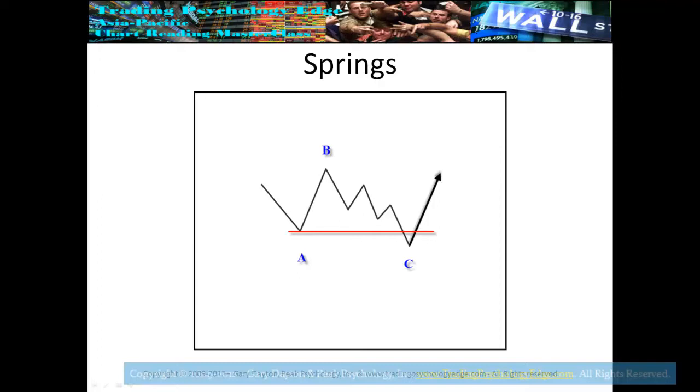And what we anticipate from there is what we call a good response. We want to see the market rally up, and the minimum initial target is that swing high between A and C at B. Okay?